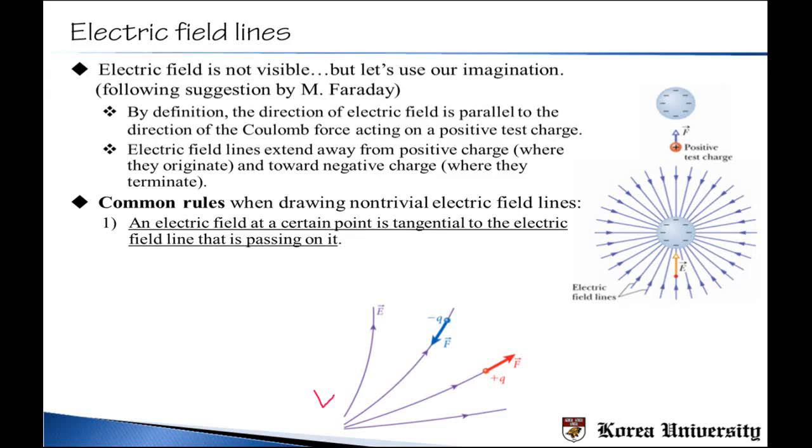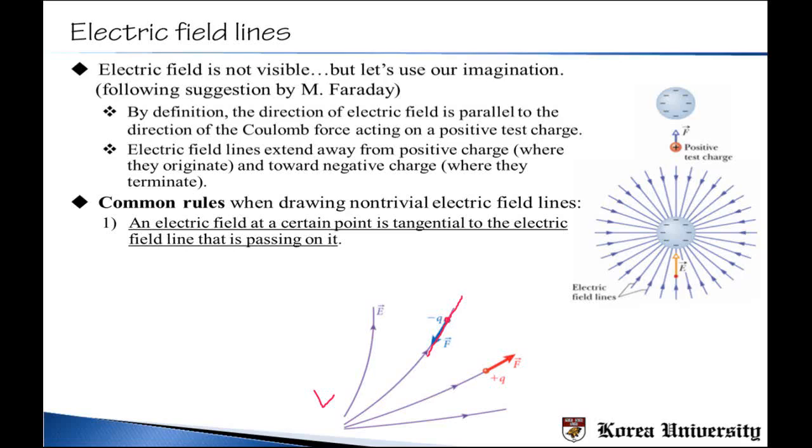The vector itself cannot be curved, but what we mean by this curved line is that if you put the charge at this point, for example here, it will feel the force which is tangential to this line. In this case, we have a negative charge, so the force will be downward, but if you have a positive charge, the force will be upward, but anyway, the direction is following this tangential line.